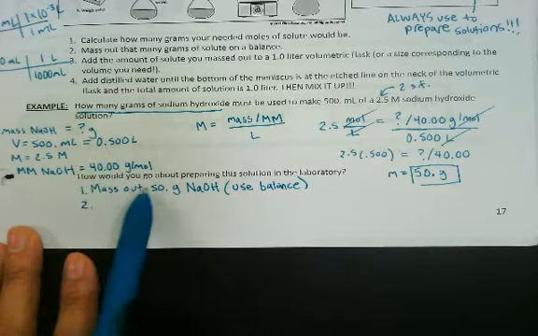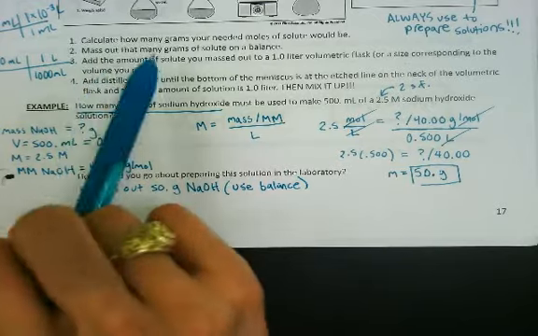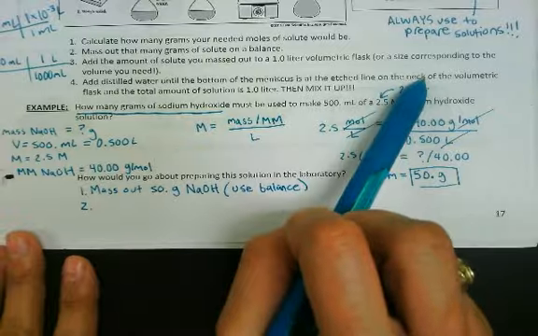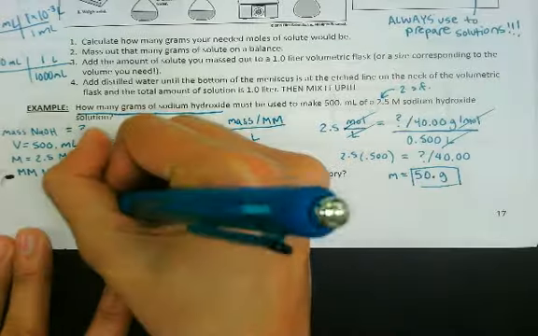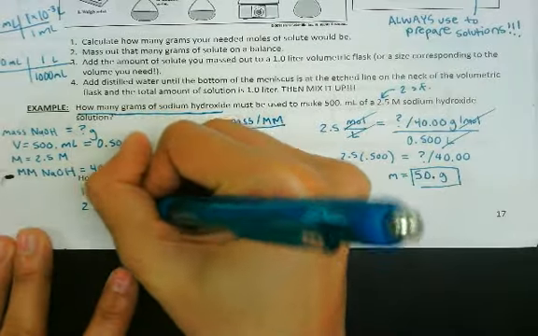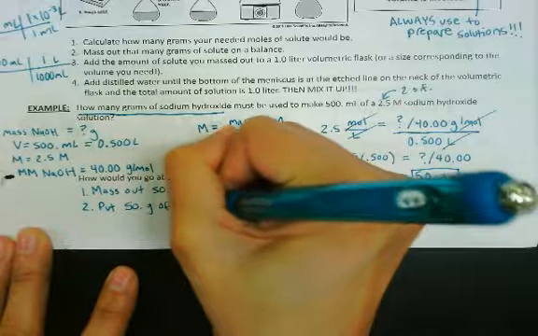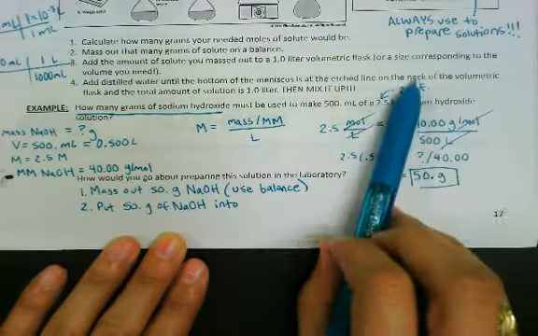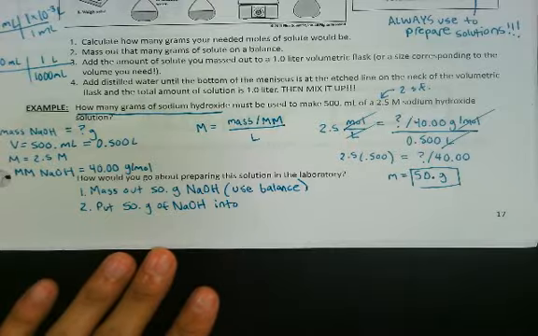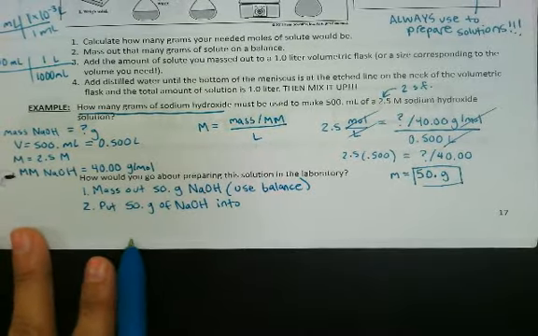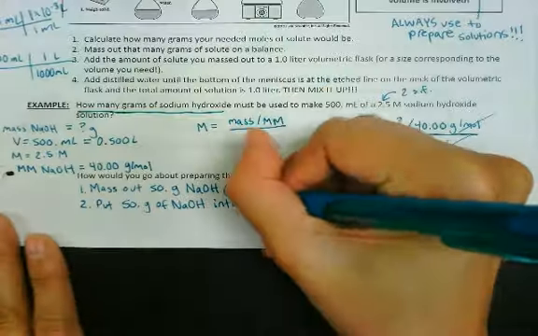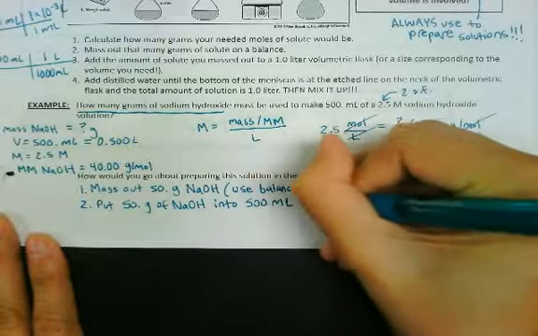Our next step here, since we've massed this out, is to add the amount of solute we massed to a volumetric flask of the size corresponding to the volume we need. So we're going to put our 50 grams of NaOH into a volumetric flask. What size volumetric flask should we use, y'all? How much of this solution do we want to make? 500 milliliters. So I would go ahead and use a 500 milliliter volumetric flask.